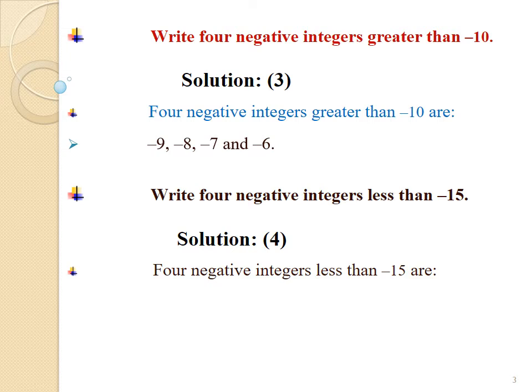Thus, 4 negative integers less than minus 15 are minus 16, minus 17, minus 18 and minus 19.